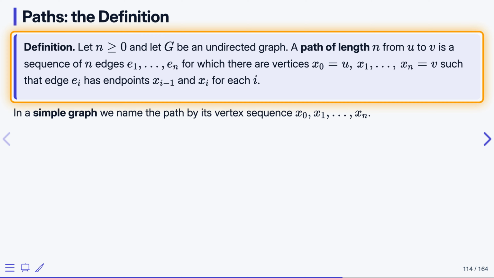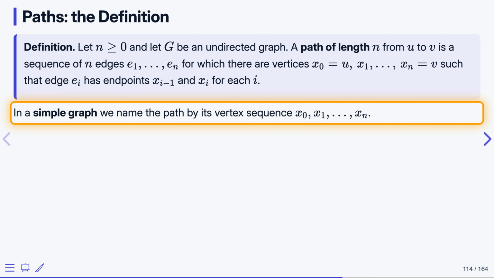Edge ei joins vertex x(i-1) to vertex xi, so the edges link the vertices in order. And look at the length. The length of a path is the number of edges, not the number of vertices. In a simple graph, the list of vertices alone names the path, because between two vertices there is at most one edge.